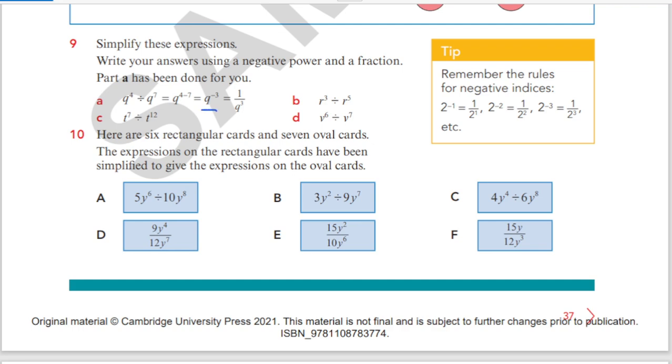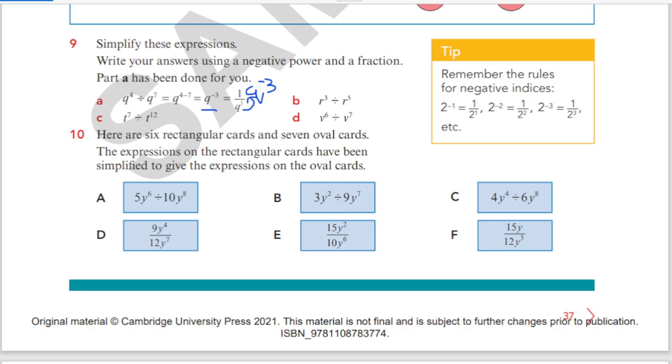To make it positive, whenever you have to show your power in positive sign, you just take the inverse of it. So q power minus 3, when you take the inverse of it, will be 1 over q power 3. If you bring it back above, it will again become q power minus 3.